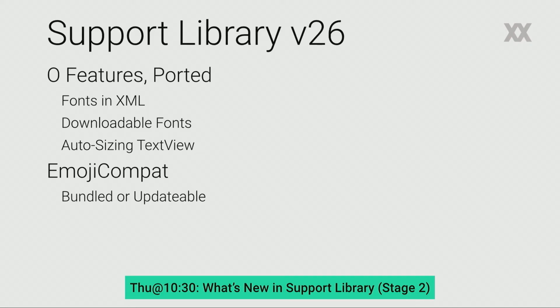The other, and probably better, certainly long-term solution, is to use a service that we can provide through downloadable fonts that we talked about earlier, where they can automatically get updated fonts, right? So the app can build in the capability to use downloadable fonts to have updated emojis as we provide them into the service. So again, go to the What's New in Support Library talk tomorrow morning to learn more about all of those.